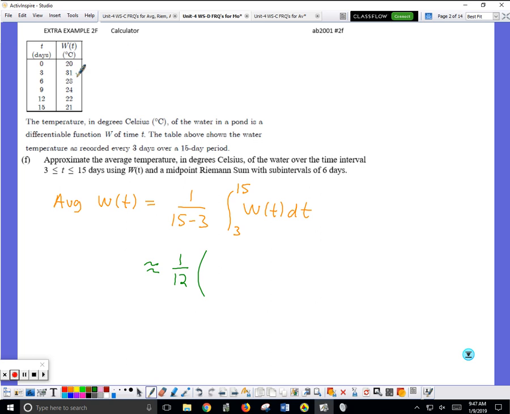Midpoint sum. So the middle of the first subinterval would be W's value is 28. That gets multiplied by 6. 22 gets multiplied by 6, like that. We're finding the average temperature of the water, therefore the units are degrees Celsius.